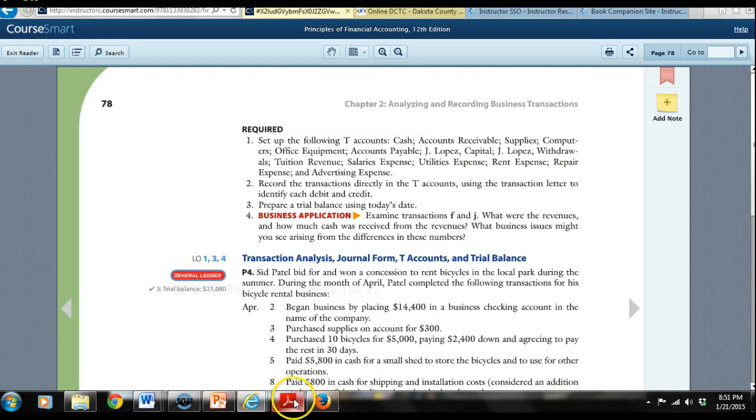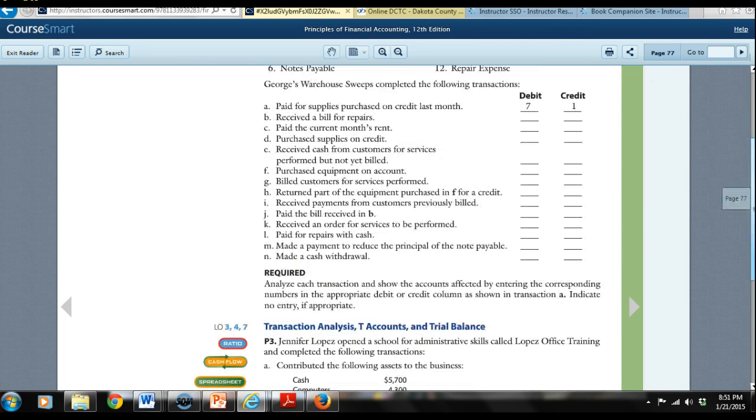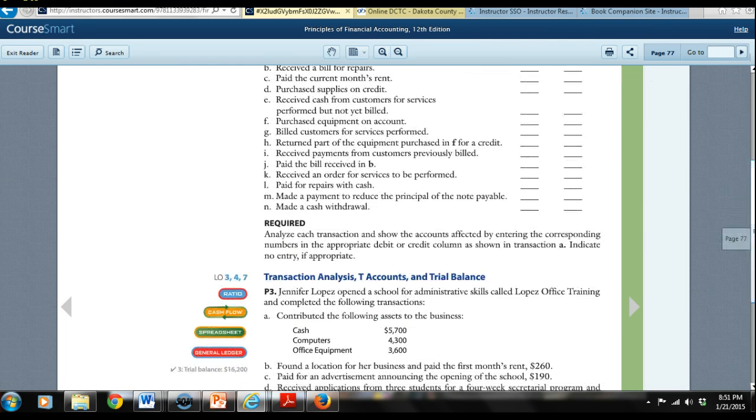So if we go to the 3 items she brought into the business, cash of $5,700, what are we going to do there? Instead of our date, we'll put A where our date should be, and this transaction should show a debit to cash of $5,700.